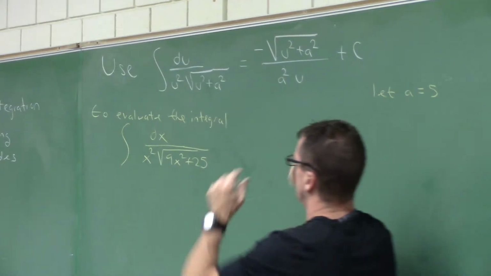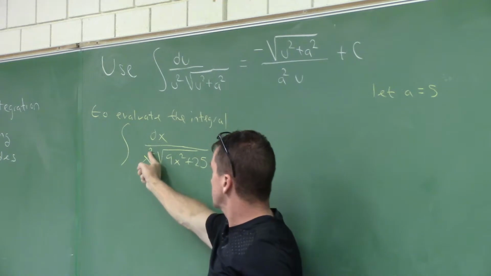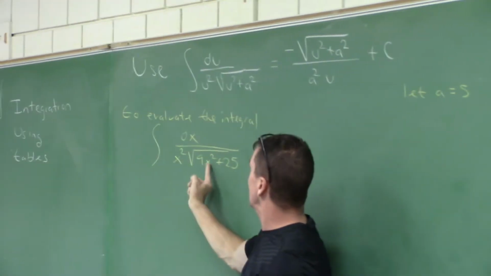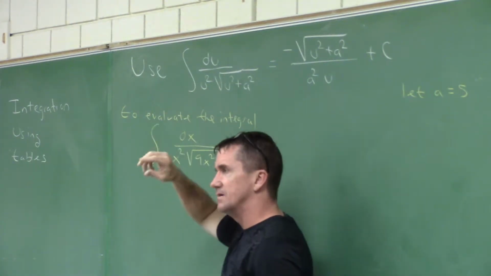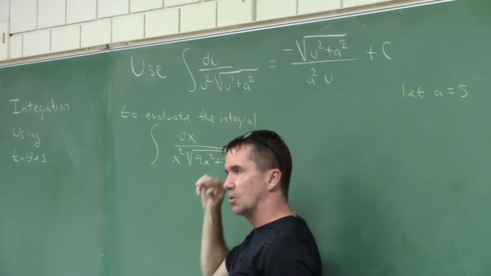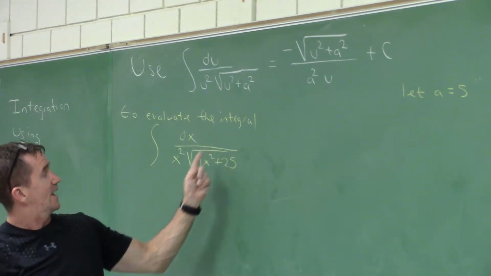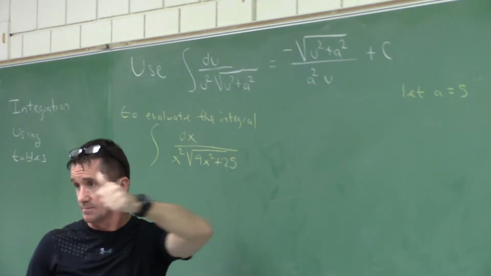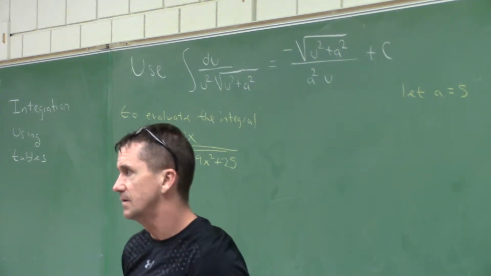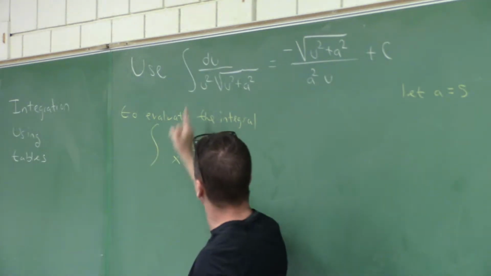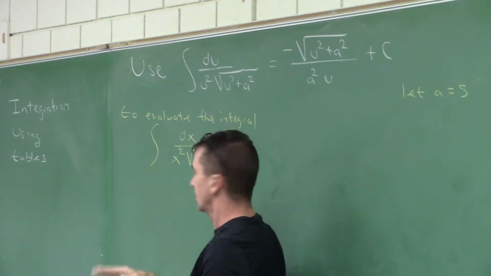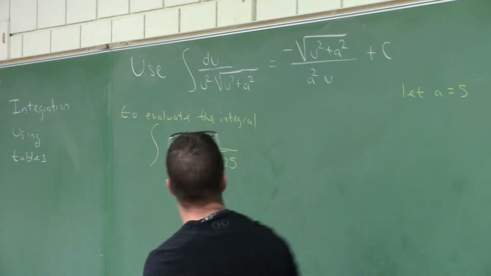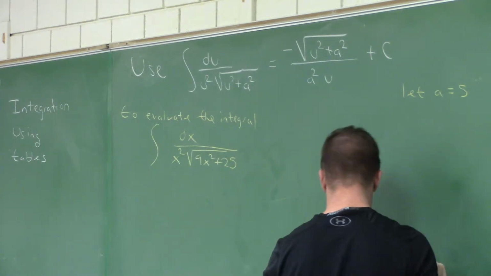You have the x squared here, but you have a 9x squared, and they wrote this as u squared. So we'll let u equal 3x, but then we can manipulate this to a u substitution to get the thing working. Eventually we want these to be the same. So I'm going to start by letting u equal 3x.